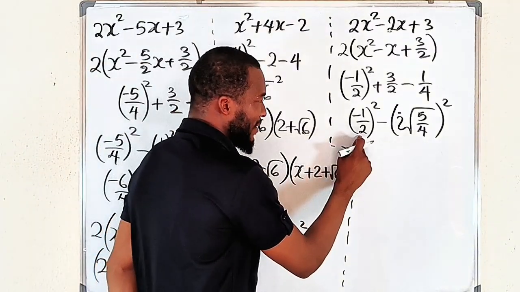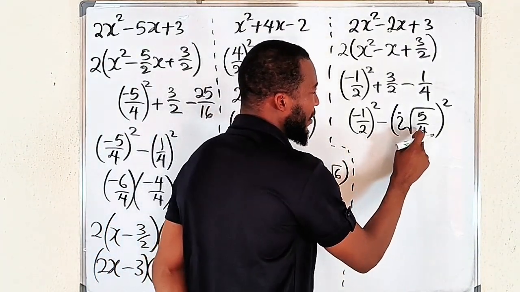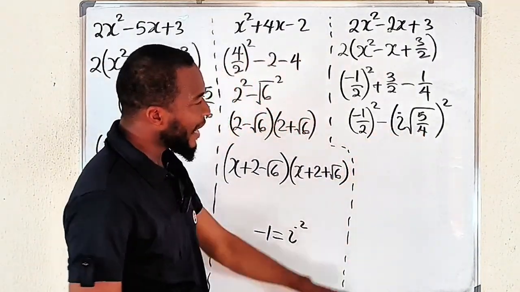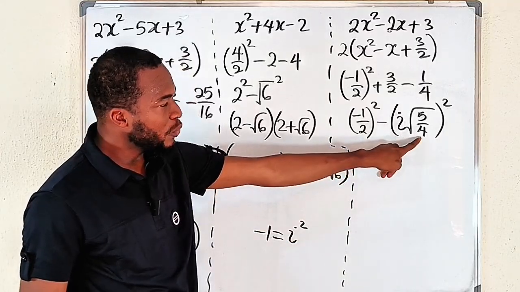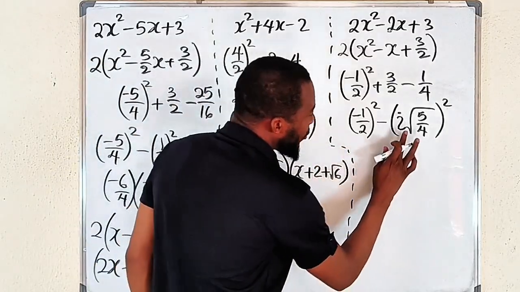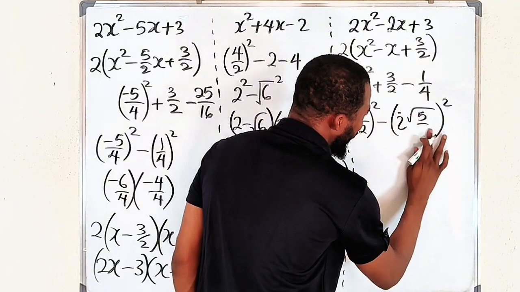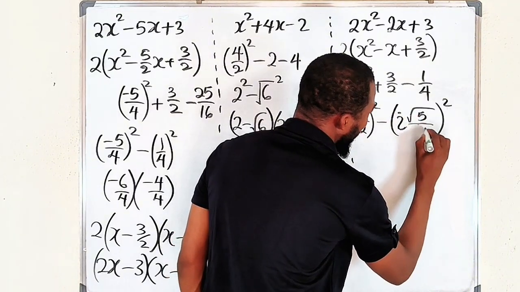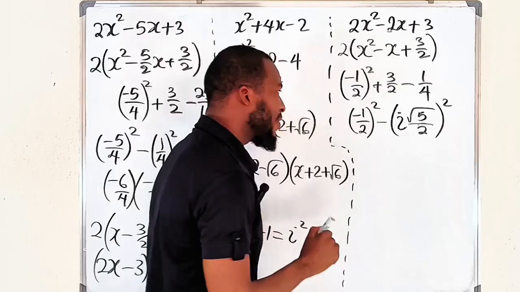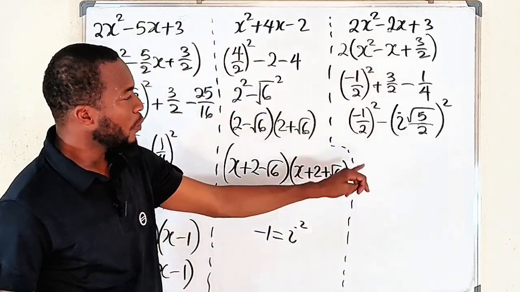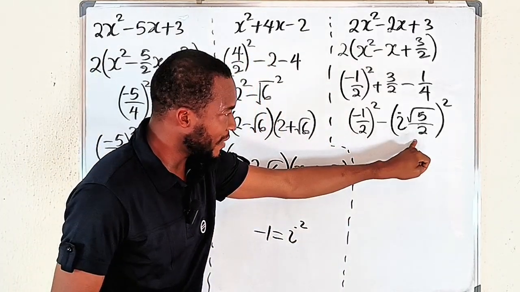Now it will be this minus this. Another thing I can do here, we know square root of 4 is 2. So why not just take square root of 5 and change this to 2? You see the logic?